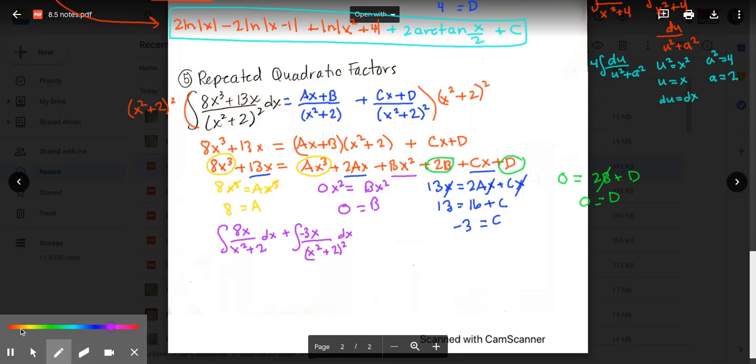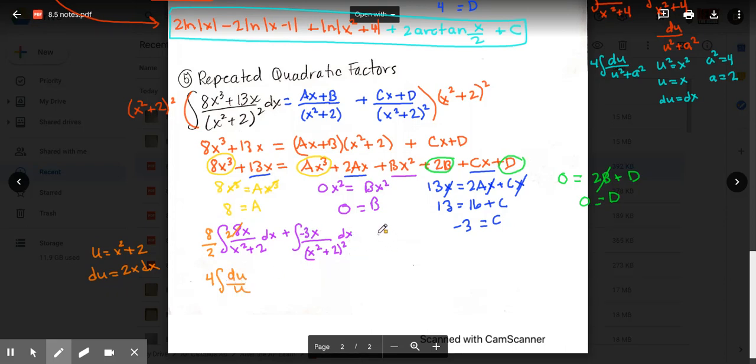For the first one, when we integrate, we make u the denominator, so du would be 2x dx. So I'm going to pull the 8 out, put in the 2 that I need, and multiply by a half on the outside. So that's just 4 du over u.